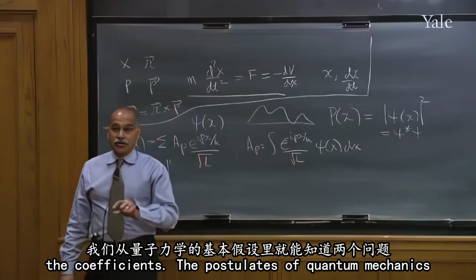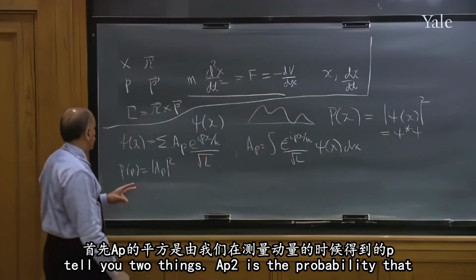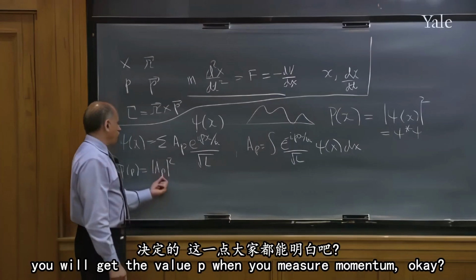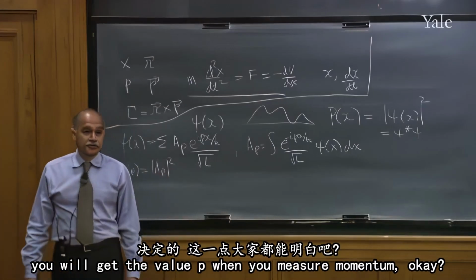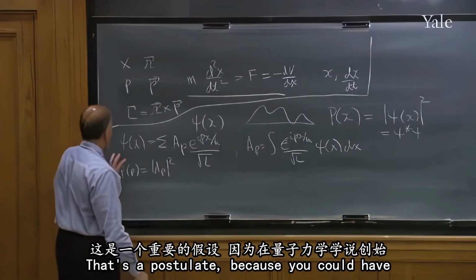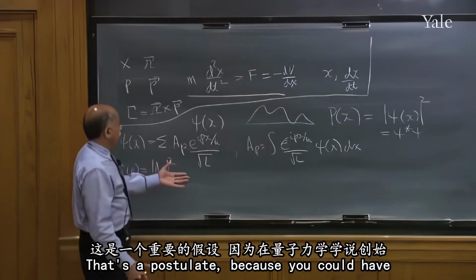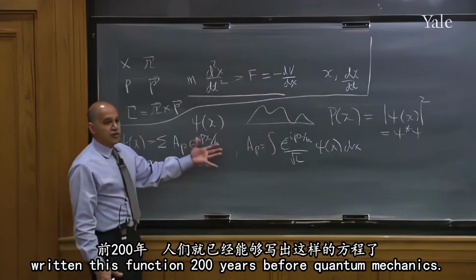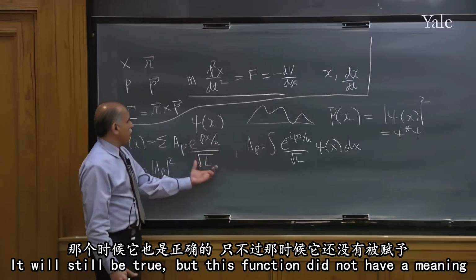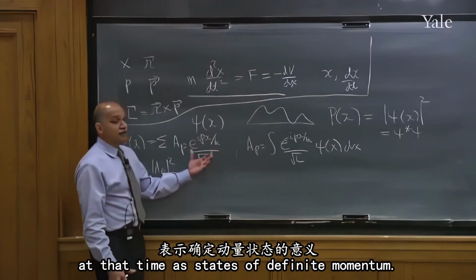The postulates of quantum mechanics tell you two things. |a(p)| squared is the probability that you will get the value p when you measure momentum. Okay? That's a postulate because you could have written this function 200 years before quantum mechanics. It would still be true, but these functions did not have a meaning at that time as states of definite momentum.